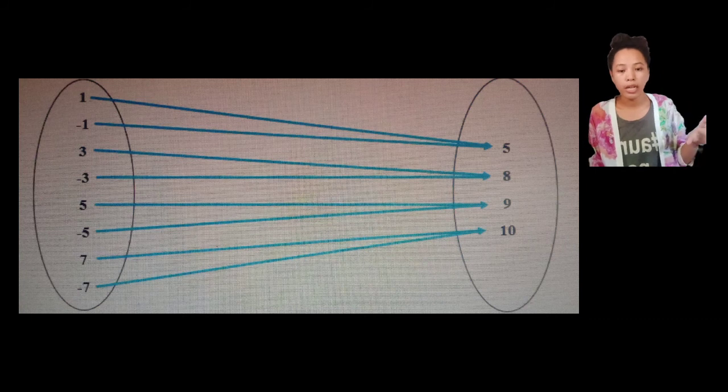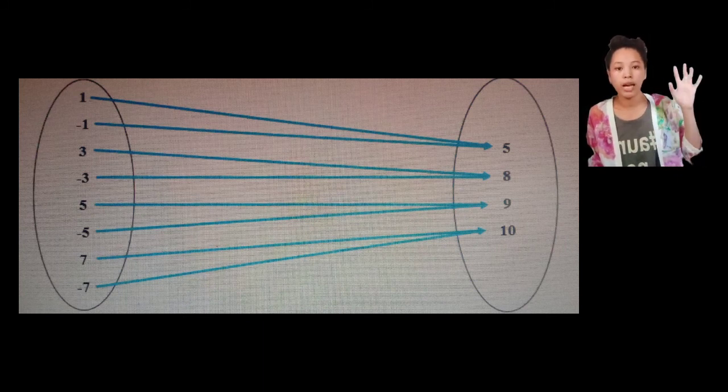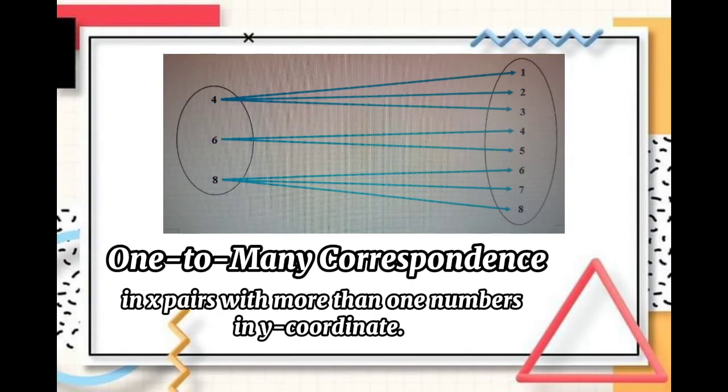Sa y-coordinate naman tayo, meron tayong 5, 8, 9, at saka 10. Sa 1 and negative 1, meron tayo sa x-coordinate natin 1 and negative 1. Ang magiging correspondence niya sa kabila, sa y-coordinate, ay 5.